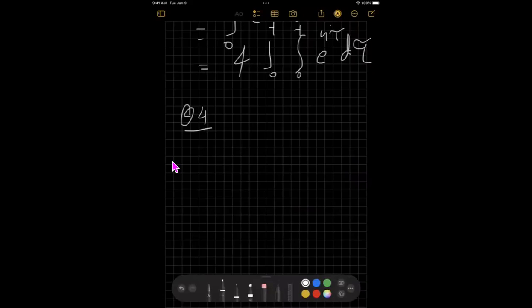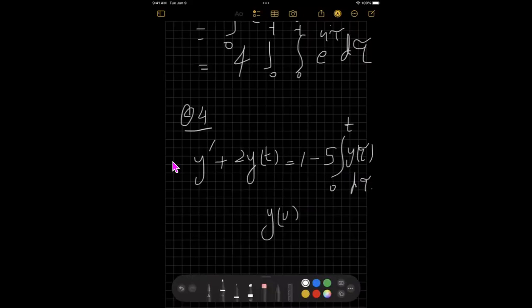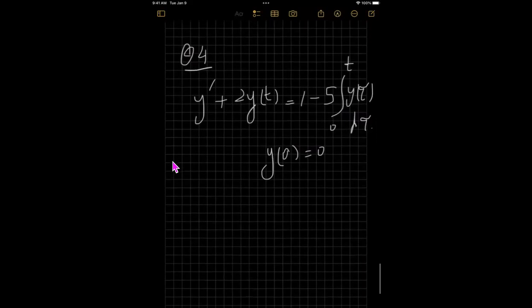Question number 4. Use the Laplace transform to solve the integral equation. So this time we have y prime plus 2y, which is a function of t, equals 1 minus 5 times the integral from 0 to t of y of tau d tau, and y(0) equals 0. So we will apply Laplace.